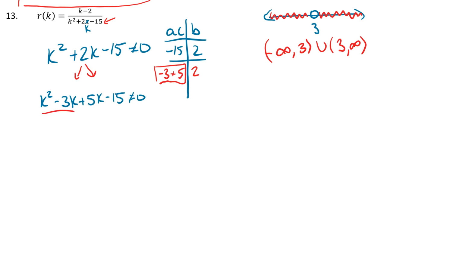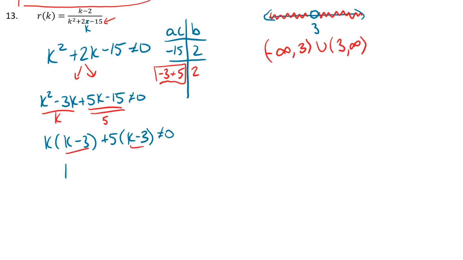Then we do our grouping. So for the first group, the GCF is just k. So we have k times k minus 3. The second group, the GCF would be 5. So we have plus 5 times k minus 3. The insides match.